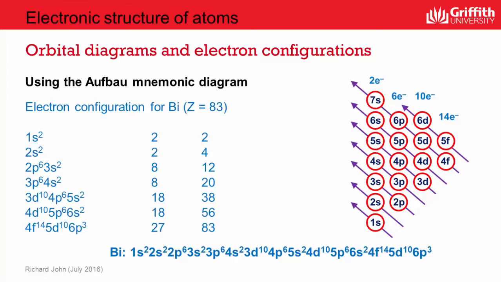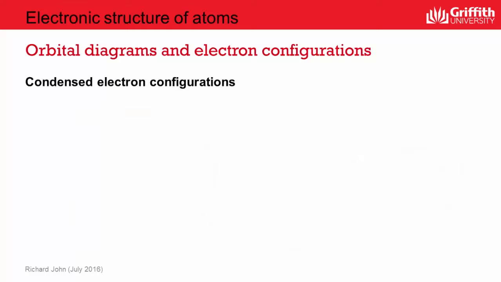It is still a shorthand notation relative to drawing out the full orbital diagram, and the full orbital diagram filling in 83 electrons would look very, very messy indeed. We can condense this long electron configuration, and we'll see how to do that right now.